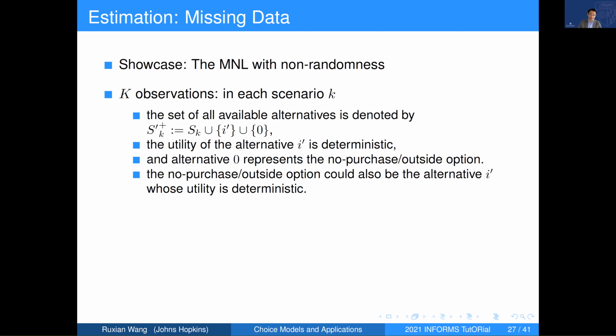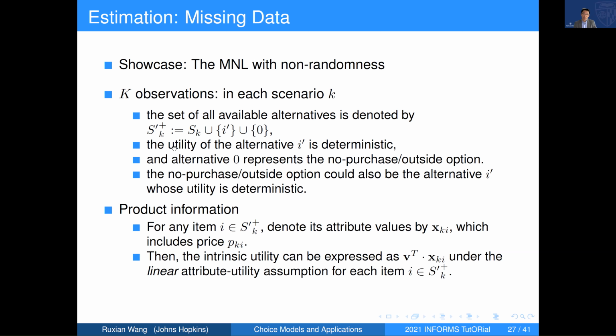There are K observations. In each scenario k, the set of all available alternatives is denoted by this one, and the utility of some alternative may be deterministic. We don't know which one, and it could be the no-purchase or the outside option denoted by 0, right? We know the product information, like we said before.